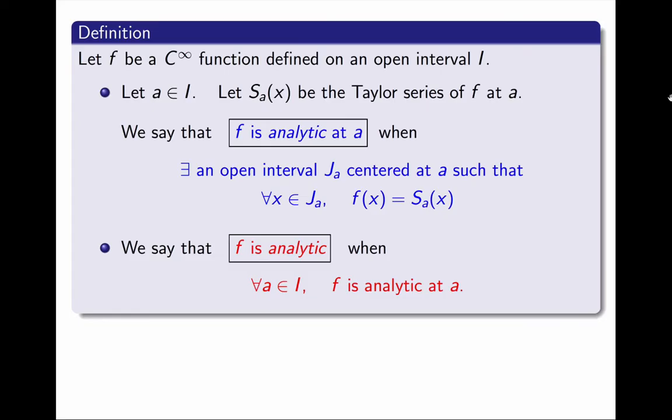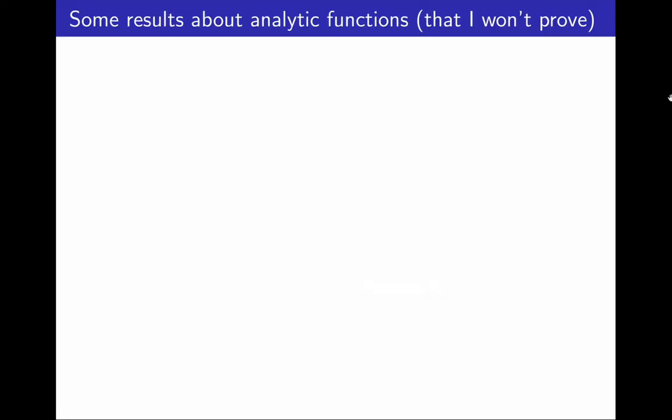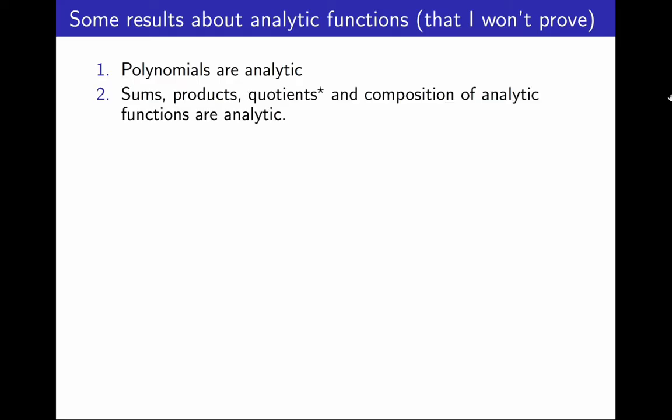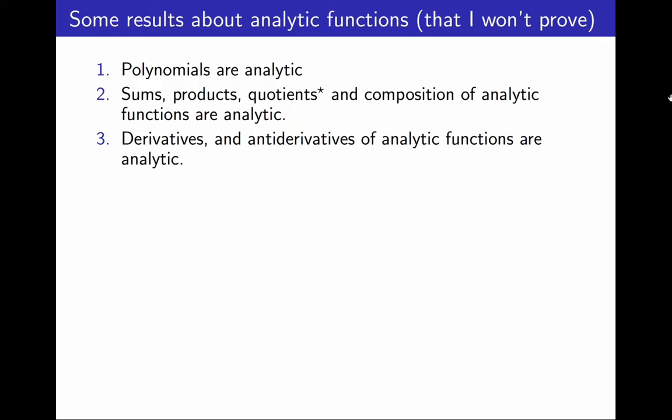Here are some results about analytic functions which I'm not going to prove. First, polynomials are analytic. They are finite power series. Second, sums, products, quotients, as long as we don't divide by zero, and compositions of analytic functions are all analytic. Moreover, the derivatives and antiderivatives of analytic functions are also analytic. In short, all common operations with analytic functions produce analytic functions.